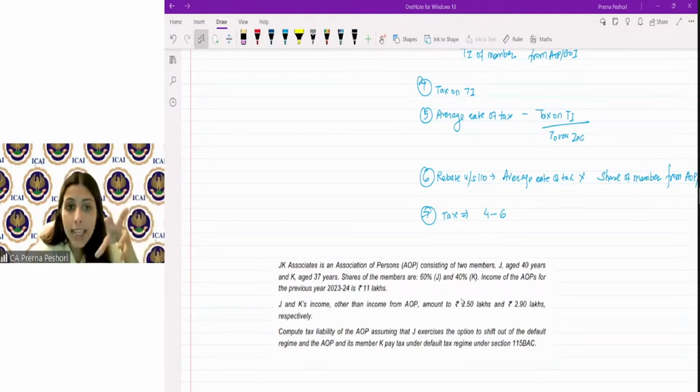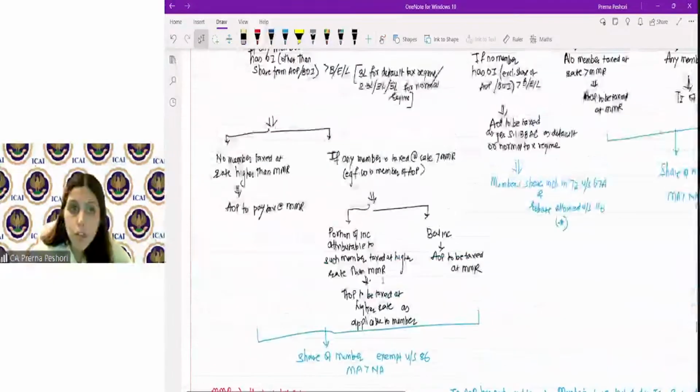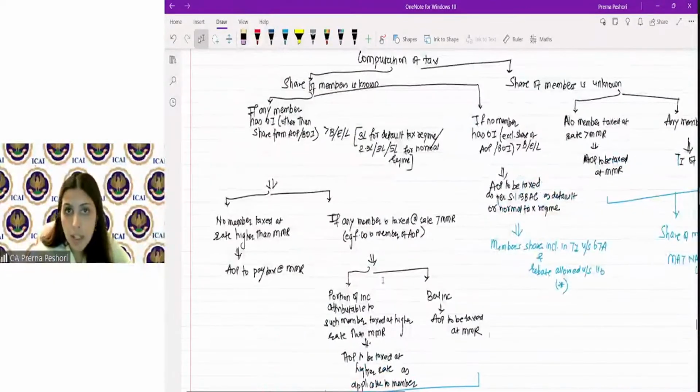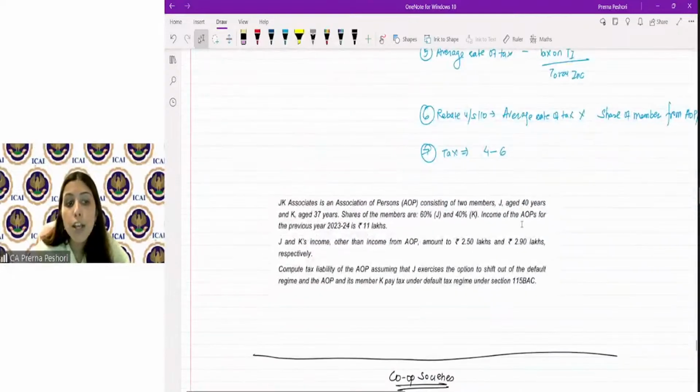So then in that case, the AOP would be taxed at the rates applicable to an individual under the provision which it wants to adopt, right? So either it can go as per 115 BAC or the normal tax regime. Now here it has selected the option of going as per the 115 BAC. K pays tax and the AOP pays tax as per section 115 BAC.